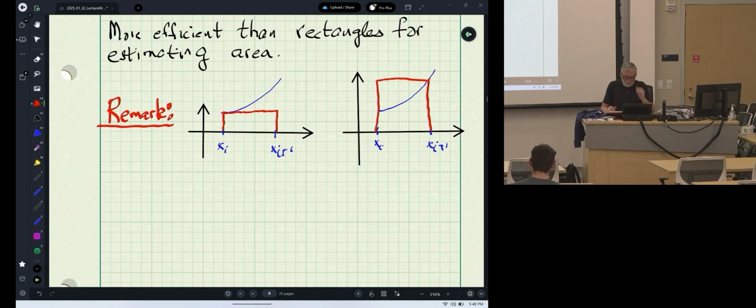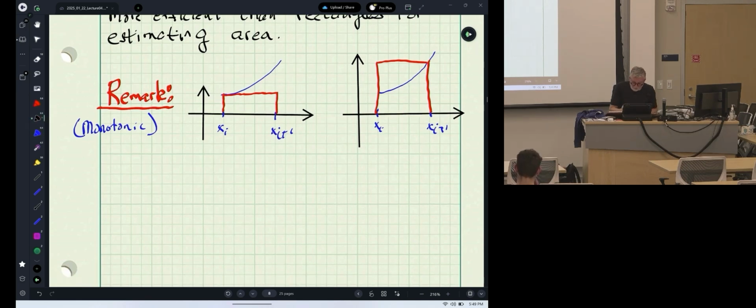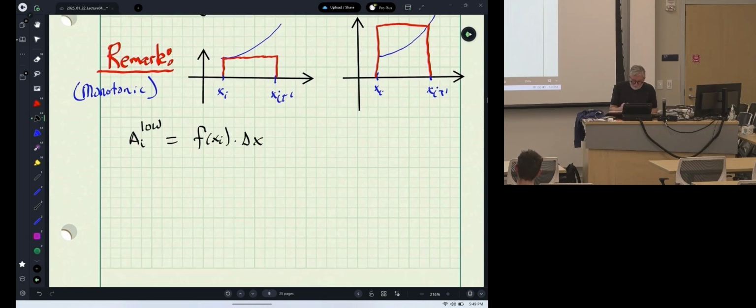This would be the upper figure. So this is back to our monotonic functions. So the lower approximation is f of x sub i times delta x, the upper approximation is f of x sub i plus 1 times delta x.